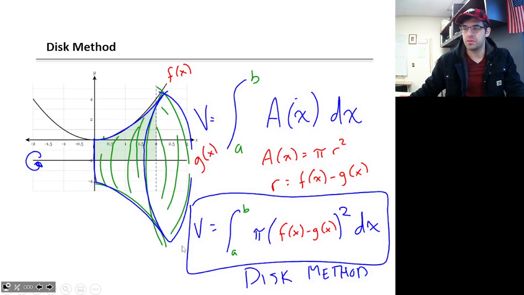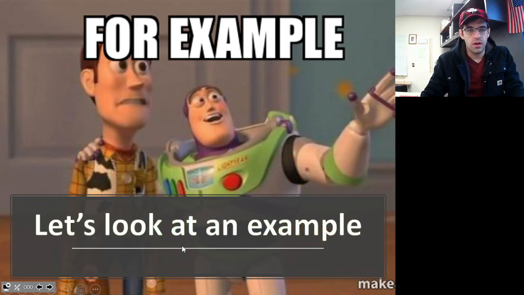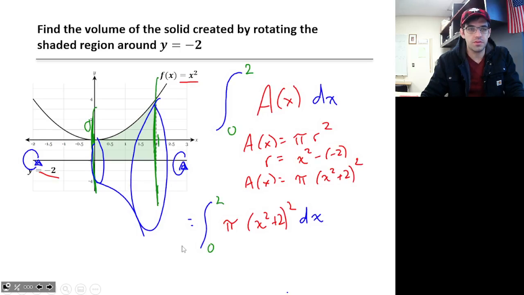You may ask, why would we spin an object around a horizontal line? And I would ask you, why not? Here's an example. If we put some equations to f of x and g of x, f of x is x squared, and the axis of rotation, g of x, is y equals -2. So our radius would be x squared minus -2, or x squared plus 2, which means our area would be pi times x squared plus 2, squared.